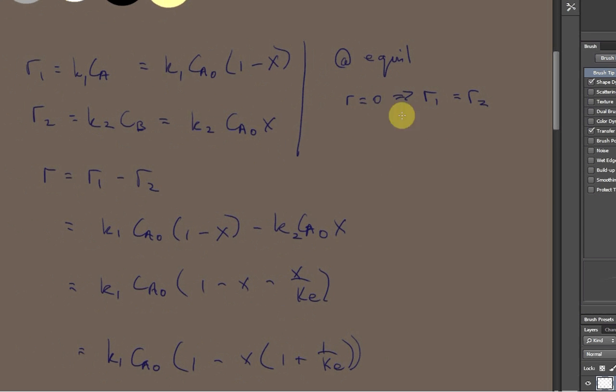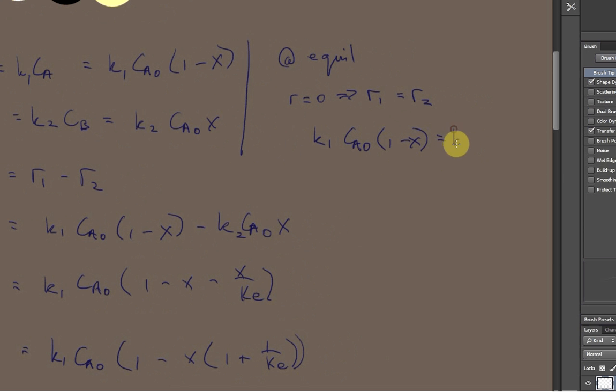So we've got K1 Ca naught 1 minus X equal to K2 Ca naught times X. And so we can cancel these Ca naughts, and then we can divide through by K2.